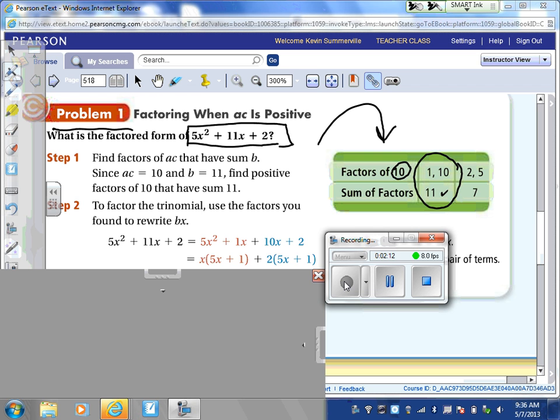Once you have done that, I want you to take a look at the next step they show you and tell me, what did they do to go from the original equation of 5x squared plus 11x plus 2 to get 5x squared plus 1x plus 10x plus 2, and then what did they do there to get their factored equation.